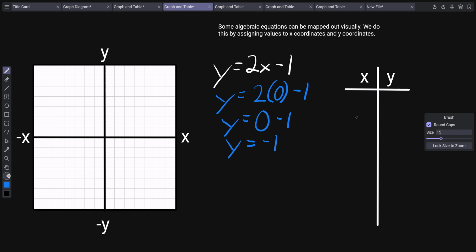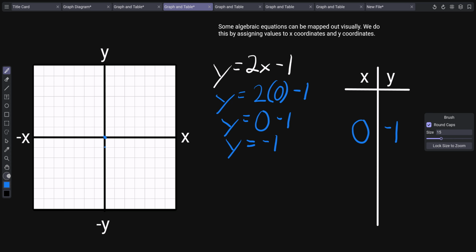So we go back here to our table. I'm going to leave a little bit of space on the top, but I'm going to put the 0 here, because that is what we put in for the x, and then we got a negative 1 for the y. And then starting from the origin, so this would be 0, 0, right here in the middle. And then we take one step down, so we stop here.